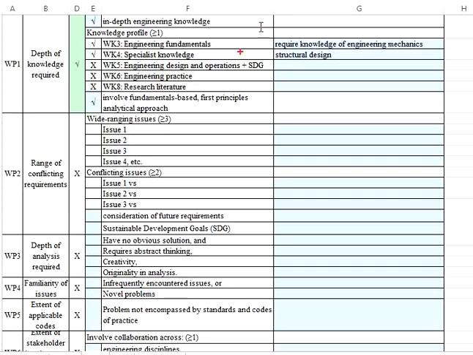So now for you to have WP2, you can have either of these 2 or both. But if you want to go for wide-ranging issues, make sure you have a minimum of 3 issues. Provide justifications here.